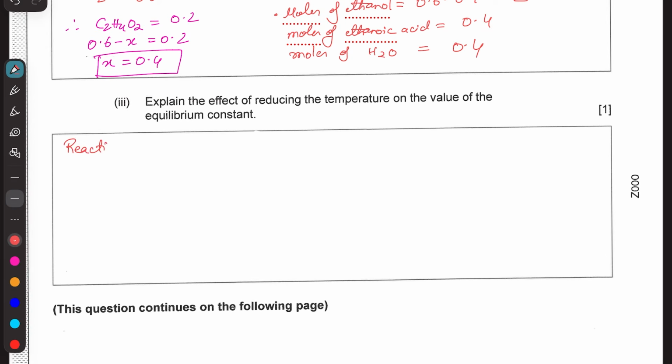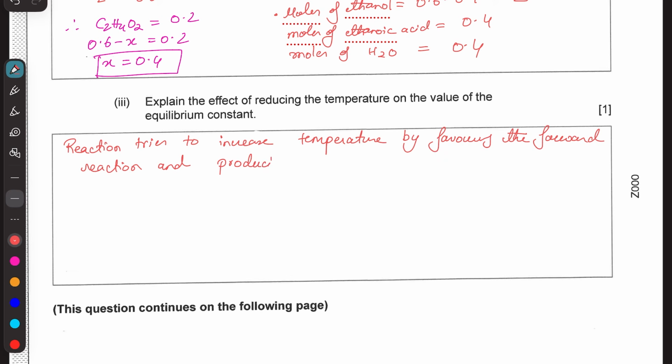Basically, the reaction has to increase temperature by favoring the forward reaction and producing heat, as the equilibrium shifts in the forward direction.